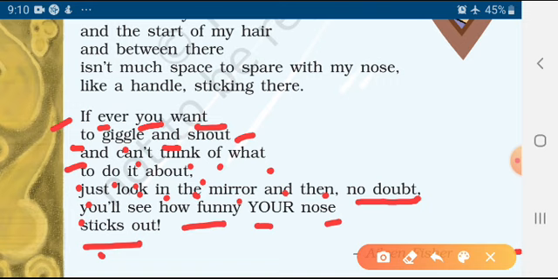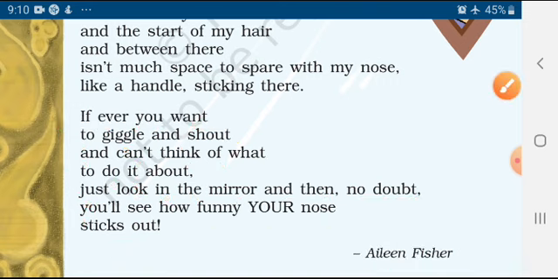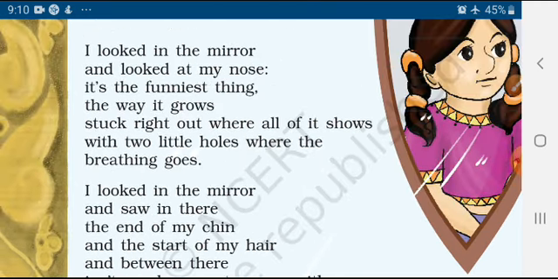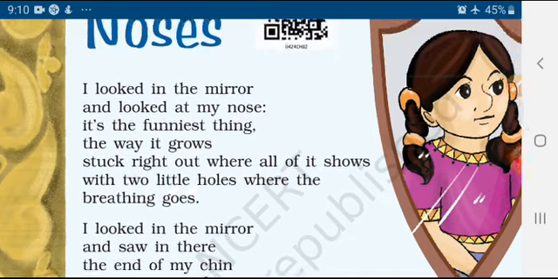Okay, I think we have finished the book reading, it means lesson reading. So now we are going to explain line by line.